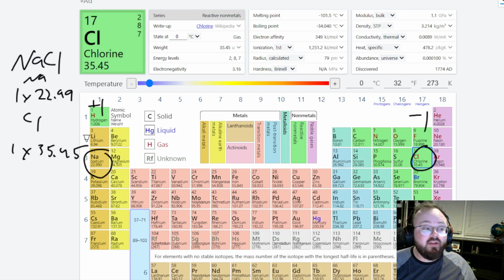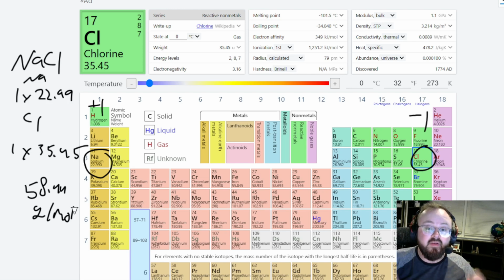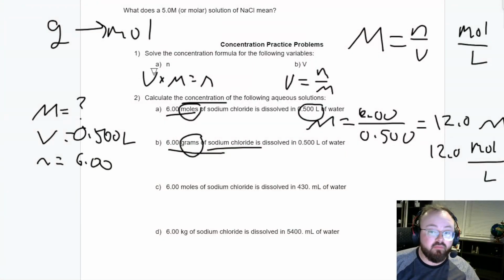I trust that we can do this, right? Multiplying here. I'm just going to simplify this on my hand calculator. I get 58.44 grams per mole. That's the value that we're going to take over. 58.44 grams per mole. That's going to help us do a lot of these conversions.